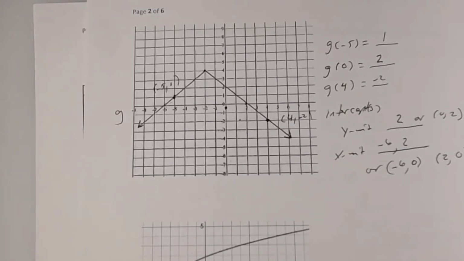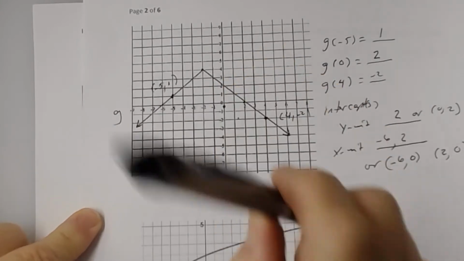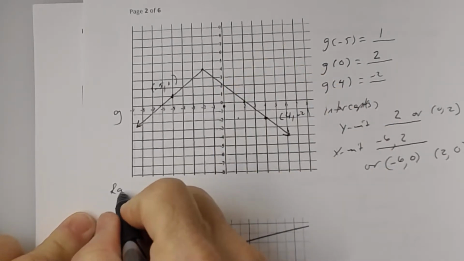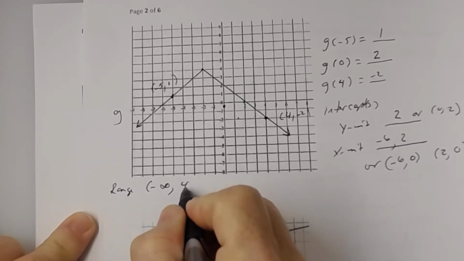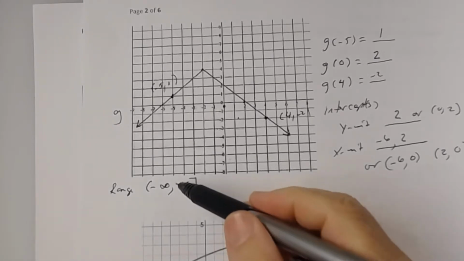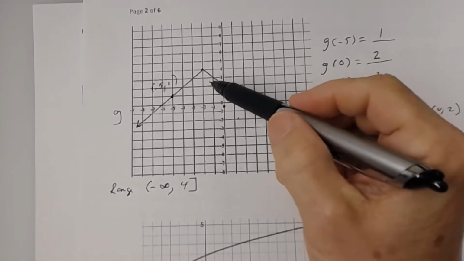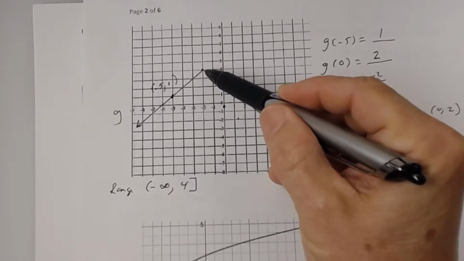Now, when we said that the range here was parentheses negative infinity to 4 with a bracket, the bracket with the 4 indicates that this point is part of the graph. See this point right here that I'm pointing to? That's part of the graph.